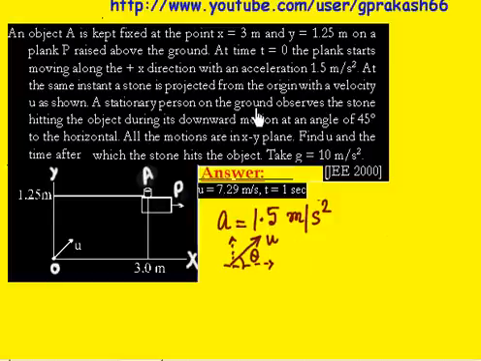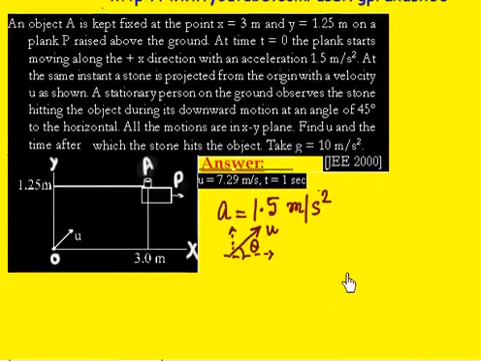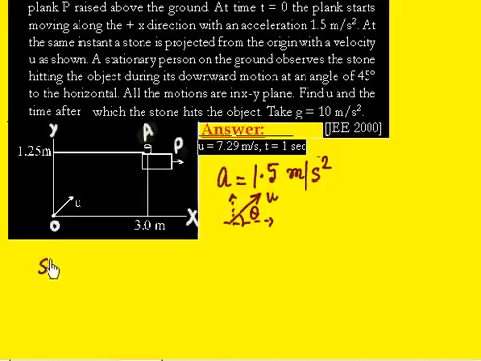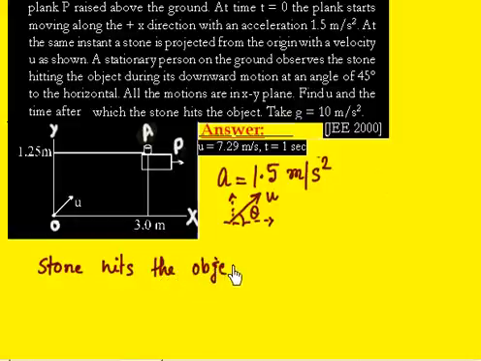Now a stationary person on the ground observes that the stone hits the object during its downward motion at an angle of 45 degrees to the horizontal. So two important points. The stone hits the object A during downward motion. So let me write this one. A stone hits the object, and this happens during the downward motion.